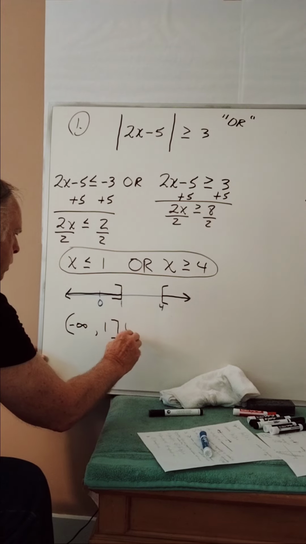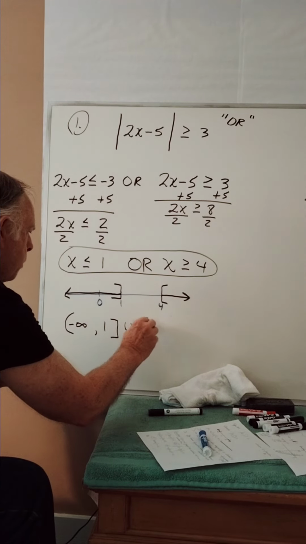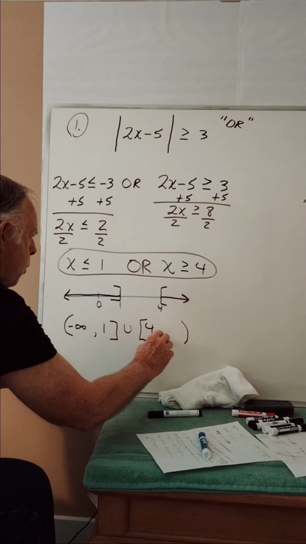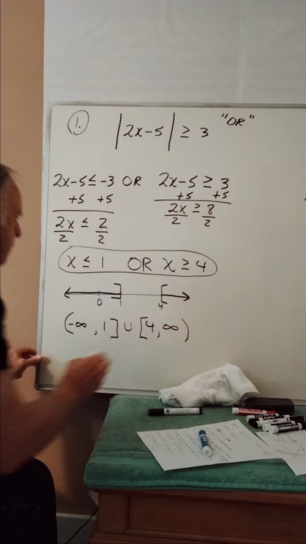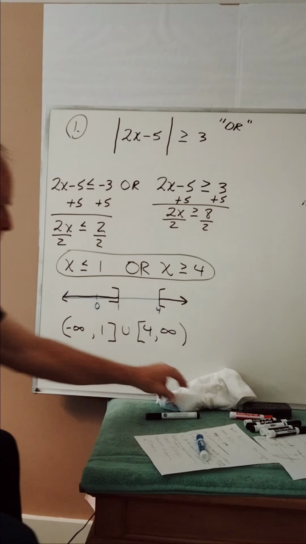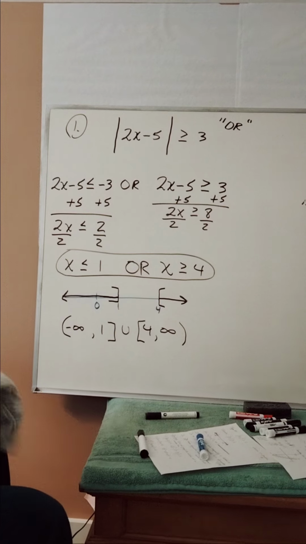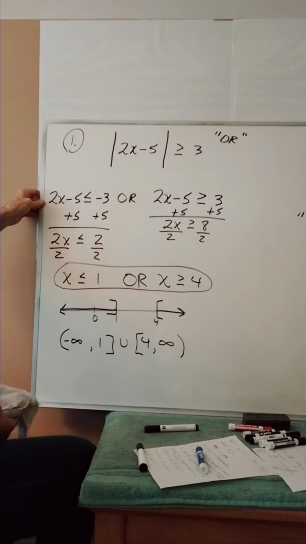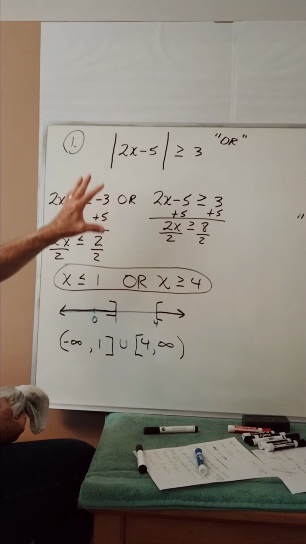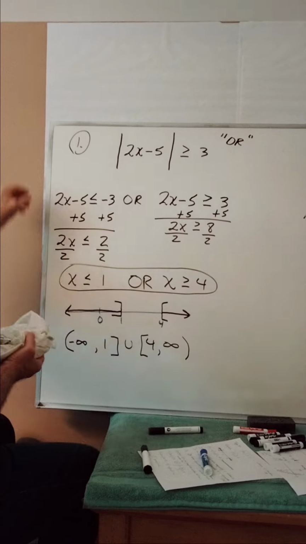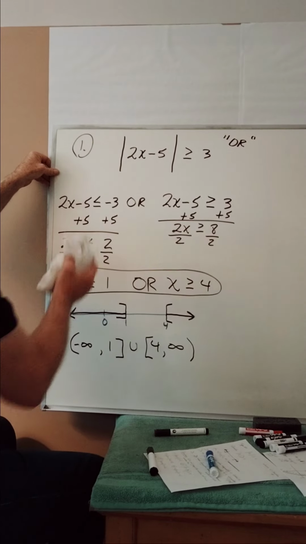Then I'm going to put the union symbol, and then we'll put a bracket and a parenthesis. It will begin with 4, and it will end with positive infinity. There it is. That is a typical looking absolute value inequality that deals with OR. That is a disjunction.